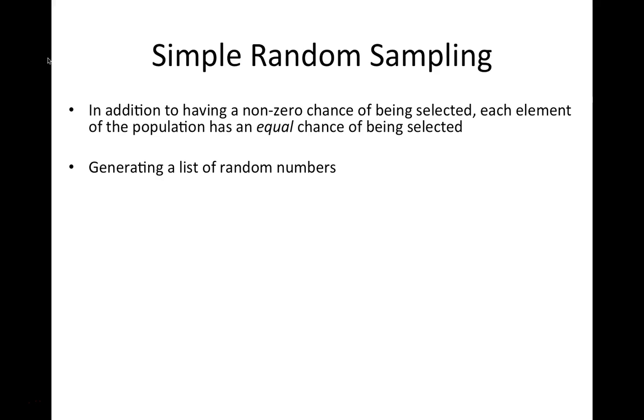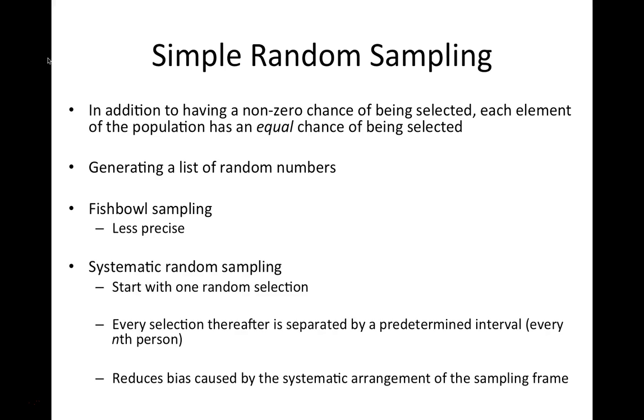There are great websites for random digit generators. We can do a fishbowl or a grab sampling technique where we have a hat of all of the people in there, and we can grab and then choose that person. That tends to be a little bit less precise than using some sort of random digit generator.